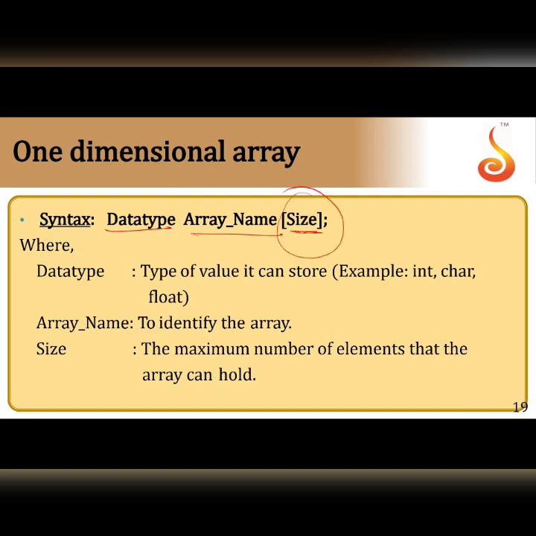For example, if I have an array of 100 elements, all the time I need not input 100 elements. I can ask the user how many elements he needs to enter. But the size of the array is 100, so the maximum number of elements the array can hold is 100. I can enter less than that also.